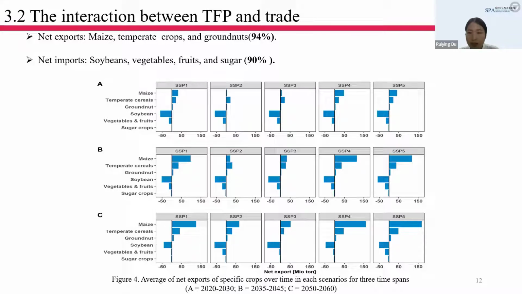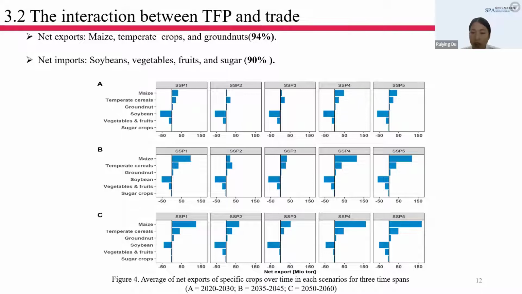At the same time, imports are also needed to meet domestic demand due to the distribution of domestic planting structure. Soybeans, vegetables and fruits, and sugar crops are the main imported products, accounting for 90% of China's crop sector imports from 2020 to 2060.